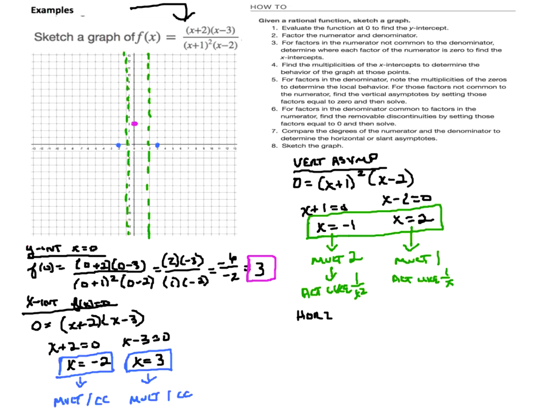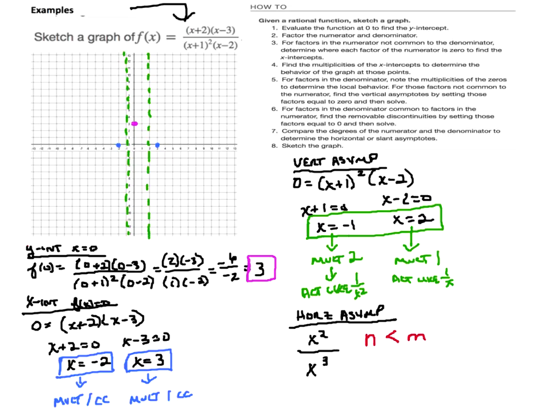Okay, horizontal asymptote. The leading term of my numerator is going to be an x squared if I multiply all that out. The leading term of my denominator is going to be an x cubed if I multiplied all that out.